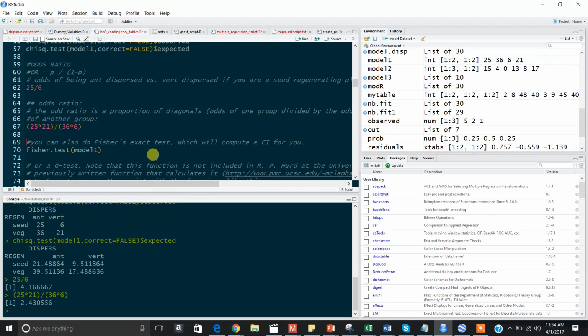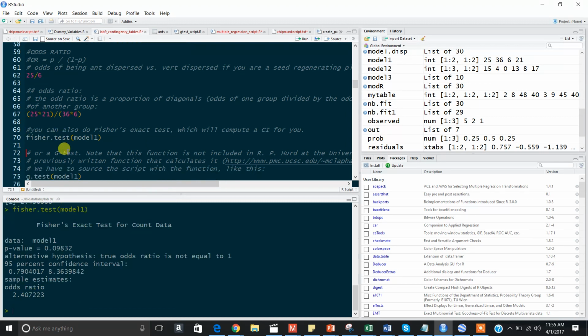Now you can also do this with a Fisher's exact test, and that will compute the confidence interval for you. Now if the confidence interval contains a 1 in the range, then it's not significant. So we're going to run the Fisher test.